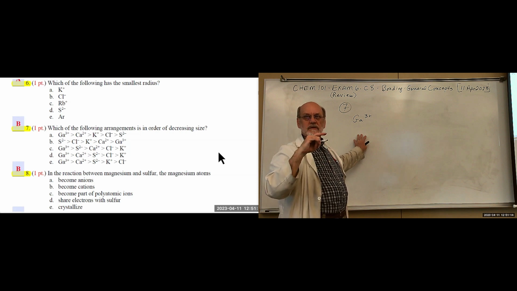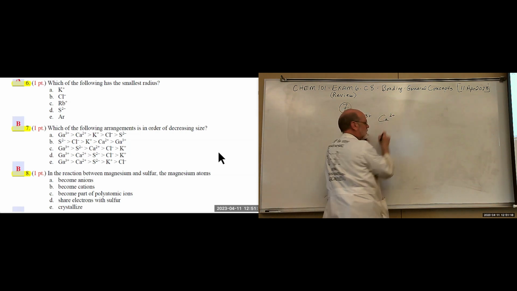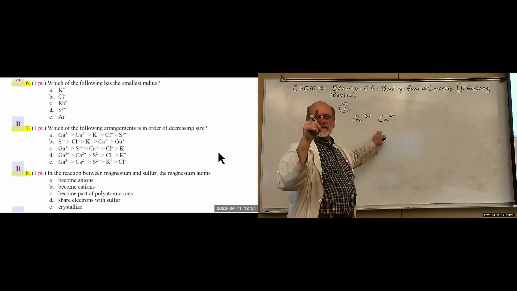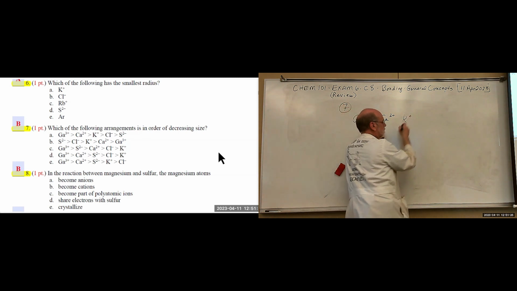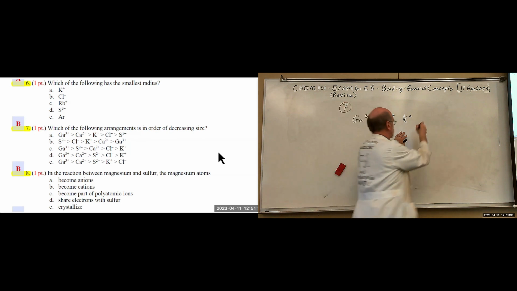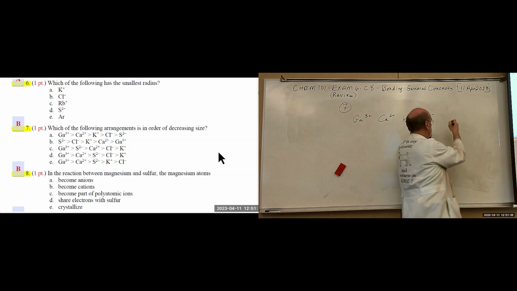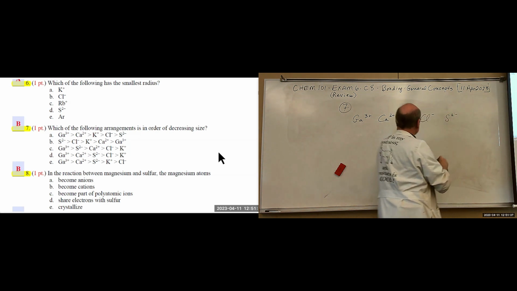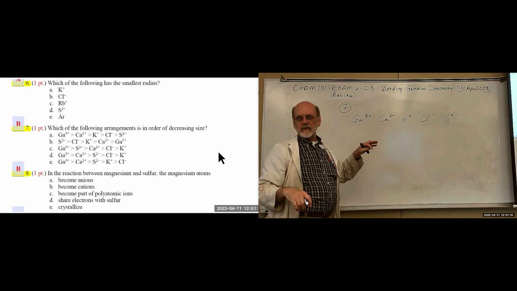There's calcium 2+ in every one of them. Potassium 1+, is it in every one? No. Cl- is in every one. Then sulfur 2-. So we just need to find their order, and there are no oddballs in there that aren't in every one.